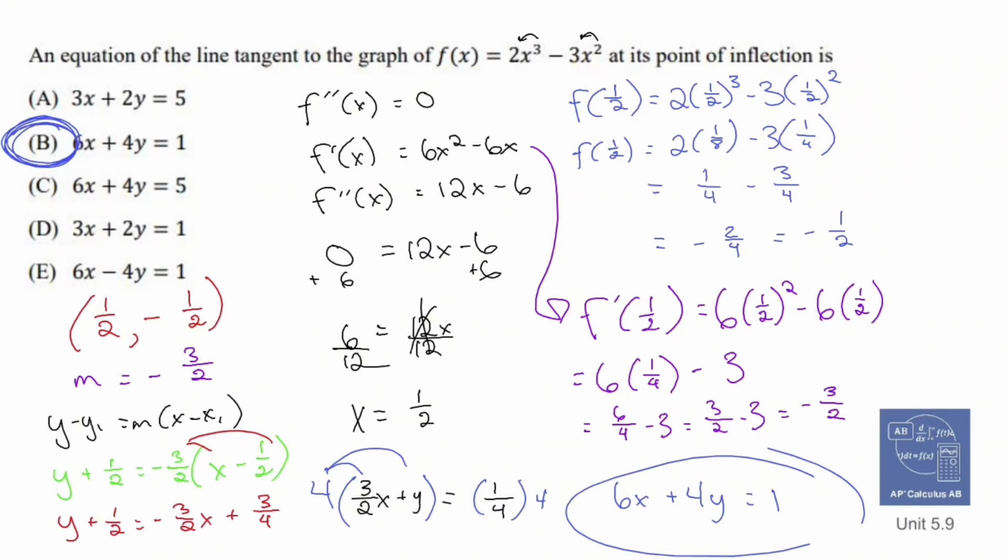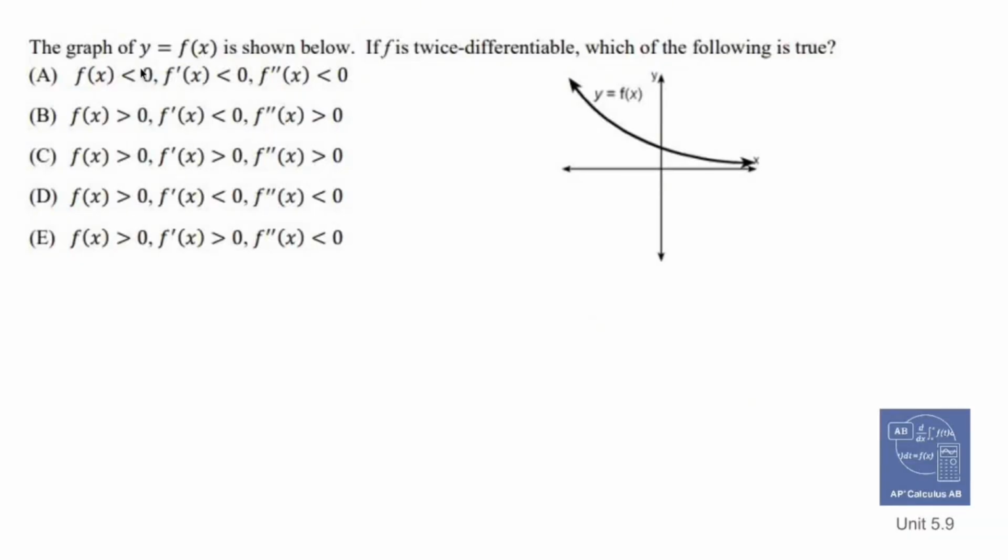Didn't like it. The graph of y equals f of x is shown below. If f is twice differentiable, which of the following is true? Well, it's giving me information about what f of x is, what f prime of x is, and what f double prime of x is. F of x tells me where it is above or below the x-axis.